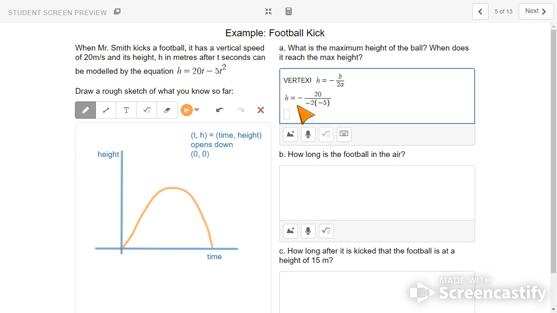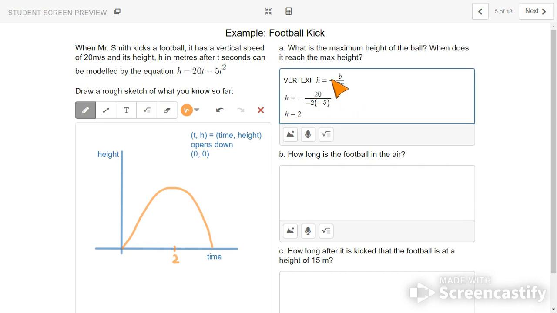Okay, so let's expand this. We have h is equal to negative 20 over positive 10, and we have 2. Okay, so I know right now that at 2, we're going to have the vertex. So we can already answer the second question: when does it reach the maximum height? We reach the maximum height at 2 seconds.